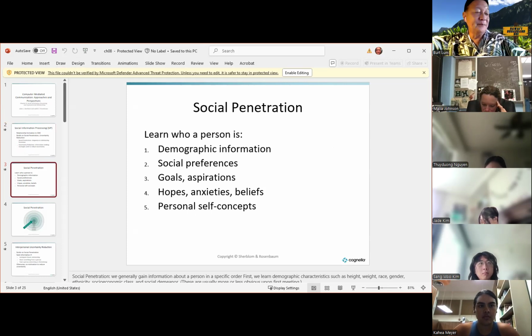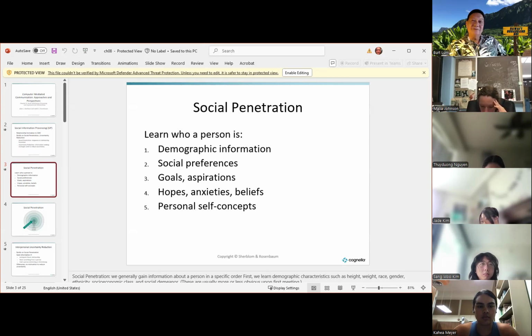Okay, so social penetration. This is a little more detail as to what constitutes social penetration. When you go into an environment, you look around and get a sense of the demographic of the people that are there.